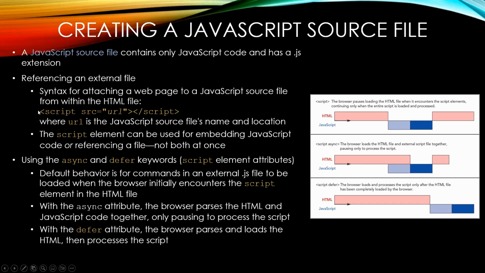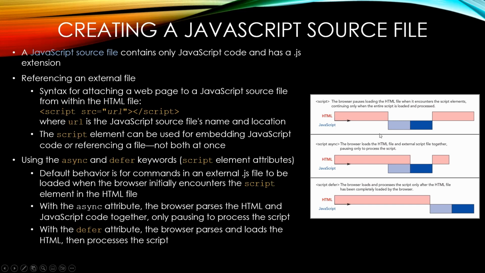For example, we can say script, my source of my script is at this URL, and then end where the script is. So this URL is going to be the source file's name and possibly the location if it is not in the same location as your HTML file. The script element can be used to embed JavaScript code or referencing a file, but you can't do both at once.